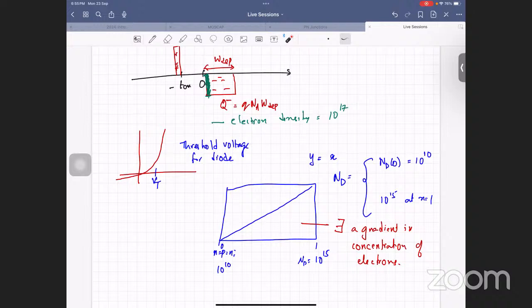If I draw the space charge density, there will be more density of charges here and then less dense, like that. So there's a gradient in the space charge density, and because of it there's an electric field. Jeet, agreed? Yes, sir.